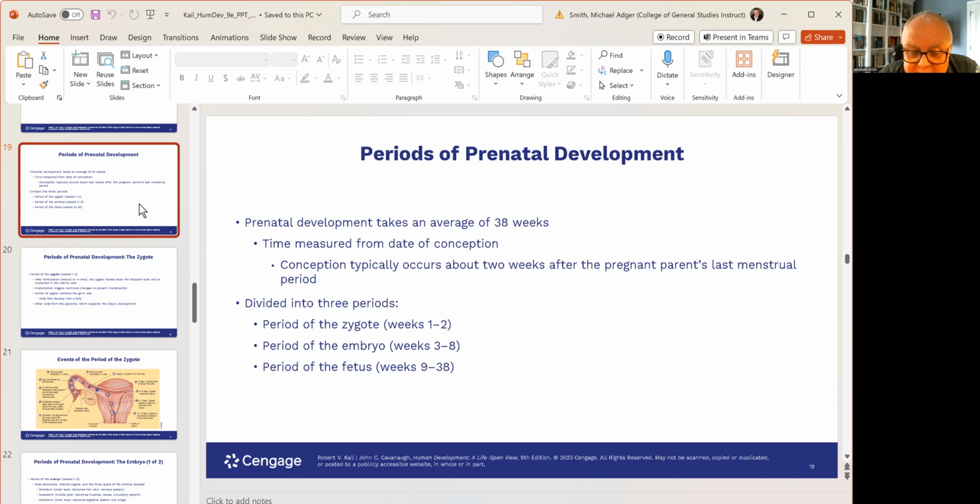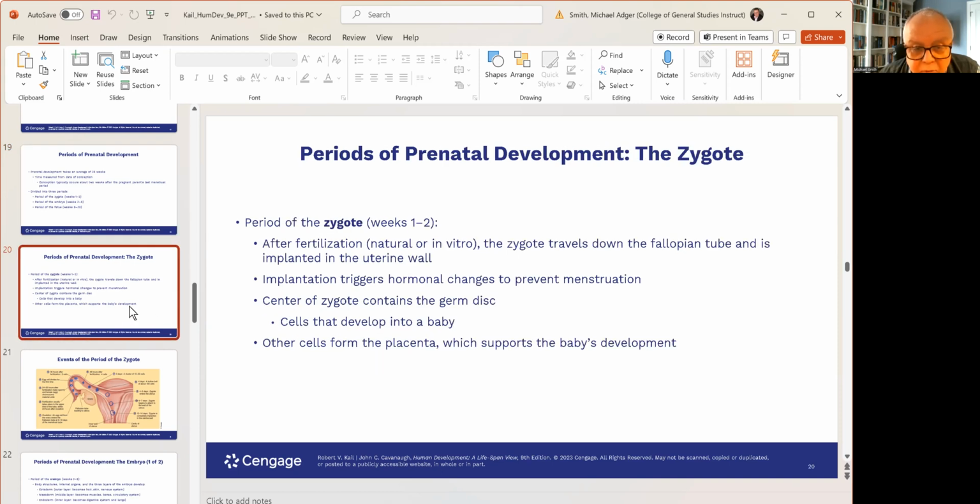Then it attaches to the uterine wall, and that's the embryo, weeks 3 through 8. And then the fetus, once it begins to take on the appearance of a human, is from weeks 9 through 38. So these are important marking points to know.